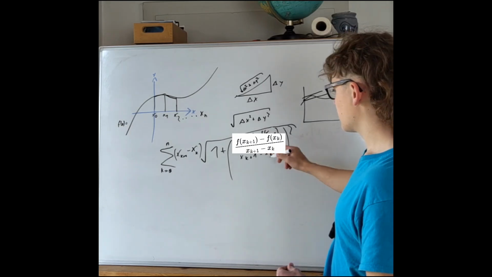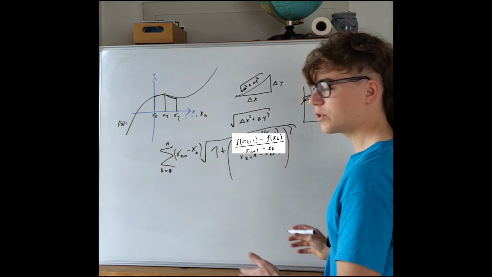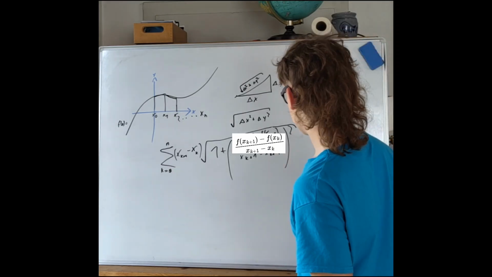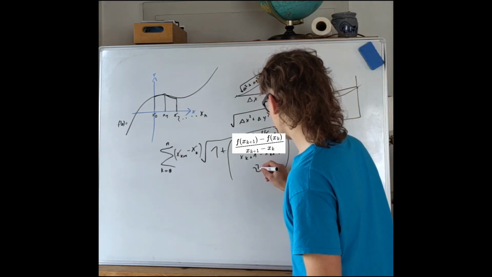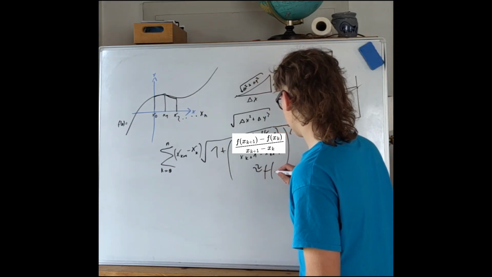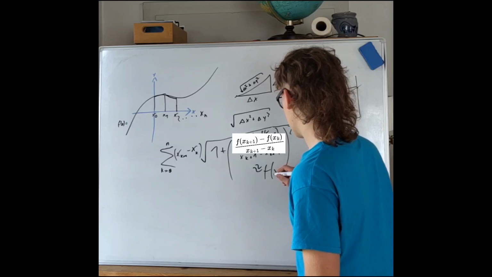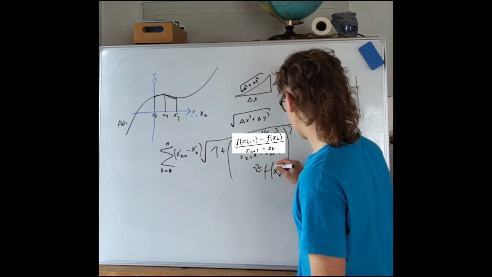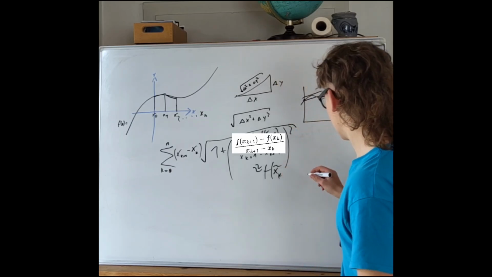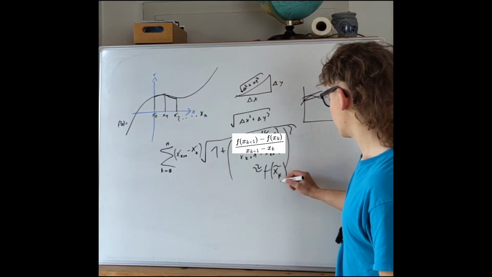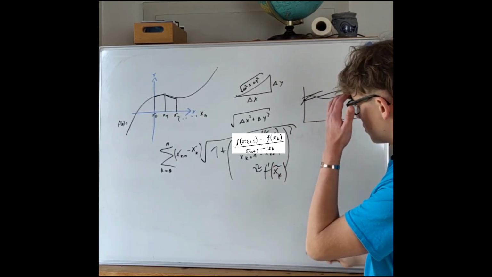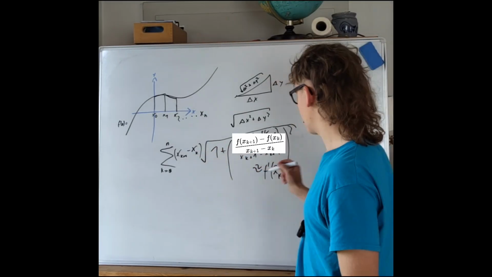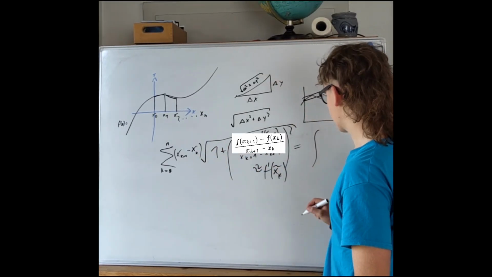So we can substitute this, it's approximately, but approximately is well enough because we deal with limits here. So this is almost f prime of some x_k, let's just call it x-tilde, and we square all of this, and because we sum up infinitely many parts, this is the integral.